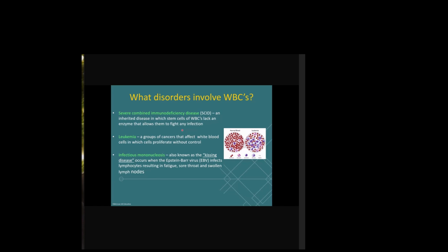If you compare the amount of white blood cells to red blood cells in a drop of blood, from blood smears like the ones we saw in the lab, you will see that there are far, far, far more red blood cells than white blood cells. But if you take a normal blood smear and compare it to a blood smear from somebody that has leukemia, you will see something like this on the right.